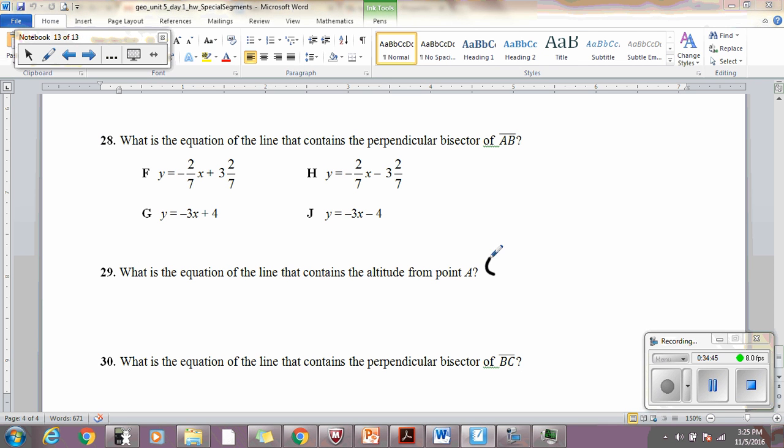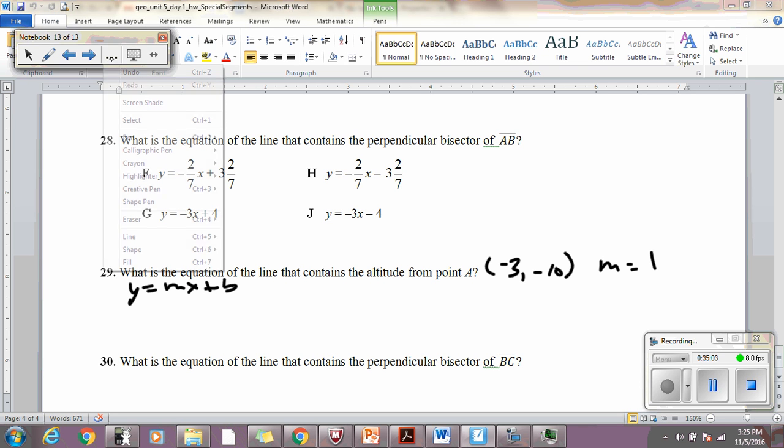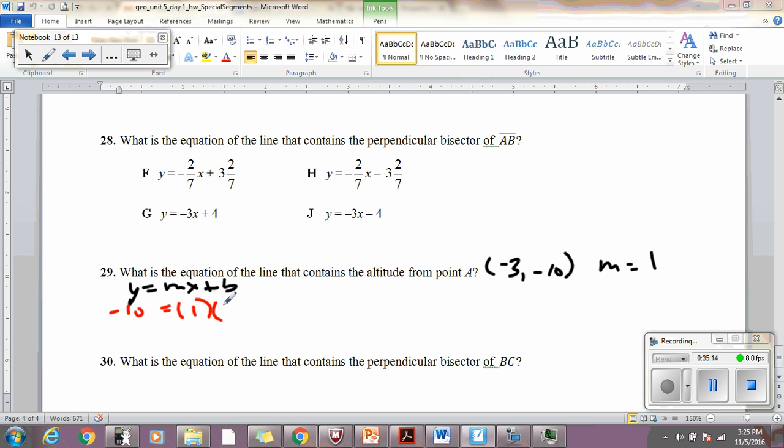So point A was at negative 3, negative 10. My slope that I'm going to use is positive 1 because it has to be perpendicular again with BC, which has a slope of negative 1. So y equals mx plus b. Going to replace everything except for b. So y is going to be negative 10, m is 1, x is negative 3.